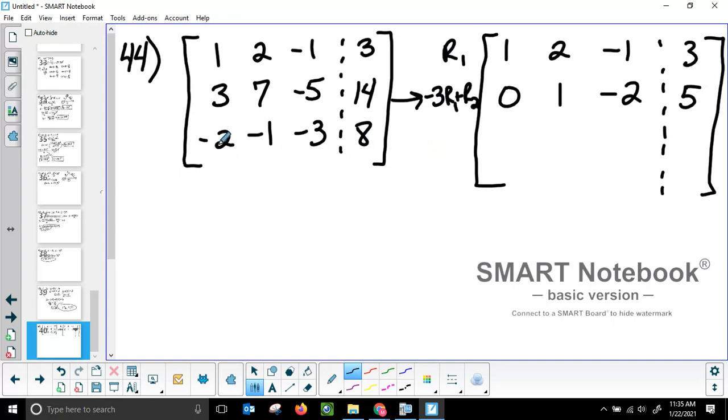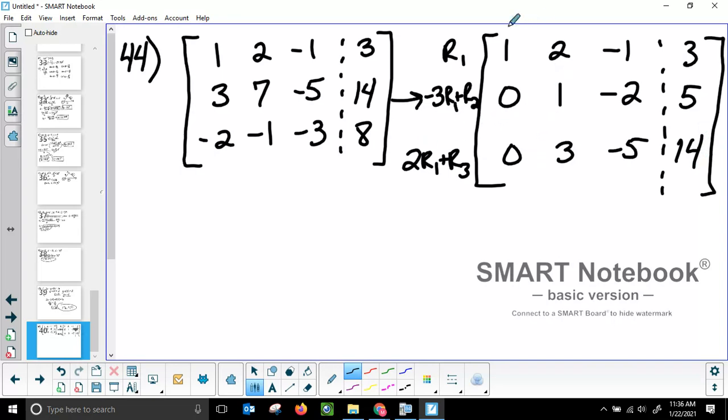And I want this to be a 0. So I'm going to say 2r1 plus r3. So when I do that, 2 plus 2 is 0. 4 plus -1 is 3. -2 plus -3 is -5. And 6 plus 8 is 14.